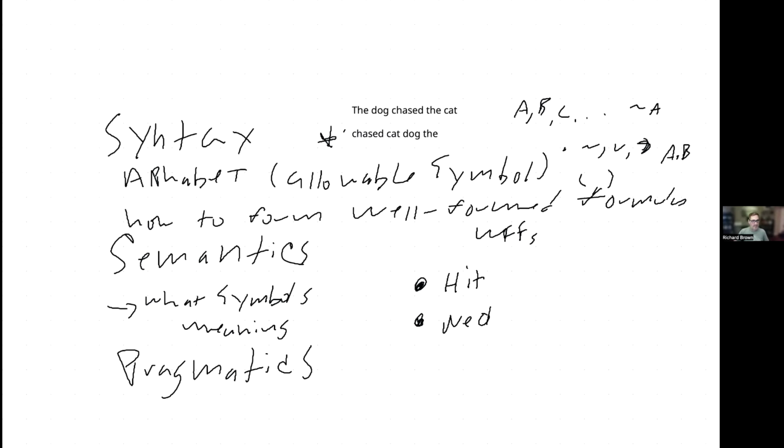I forget where it was, Denmark or Sweden or someplace. It turns out in that language, this means here and there, which are used for up and down. So in English, hit means physically attack, and Ned is a guy's name. But in that language, hit, the same allowable syntactic string, has a different meaning associated with it.